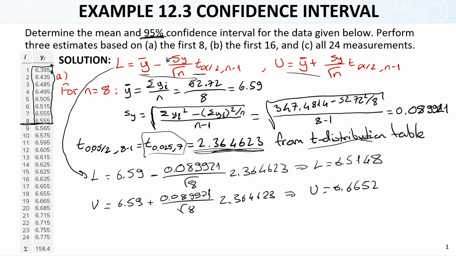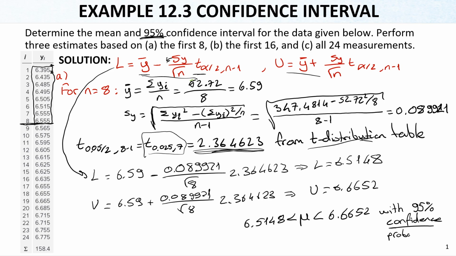And so we can say 6.5148, the true mean is between these, 6.6652, with 95% confidence, we can say, or with 95% probability, the true mean falls between these values.